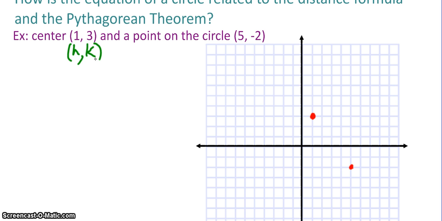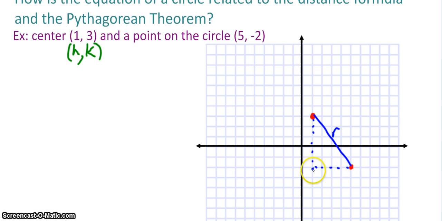Well, I know that the radius is the distance from the center to any point on the circle, and since I know this point, I could use the distance formula. Well, where does the distance formula come from if we're on our coordinate plane? Well, if I draw this triangle in, this is the radius.